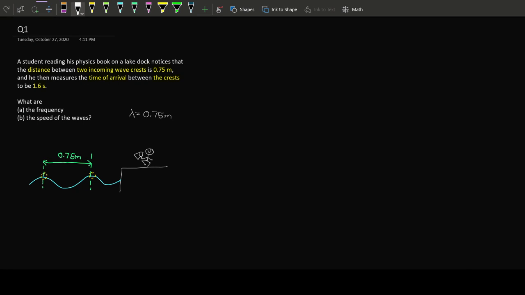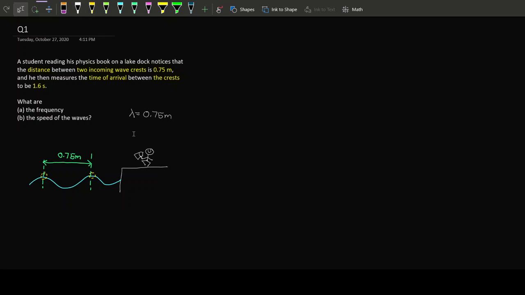Continuing, we also have the time interval between the two crests. Time of arrival between the crests means this student sees this crest arrive at the dock, then he starts his timer, then he waits for the next crest to hit the dock, and he stops the timer.